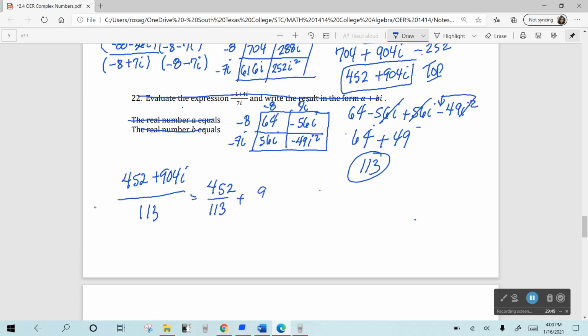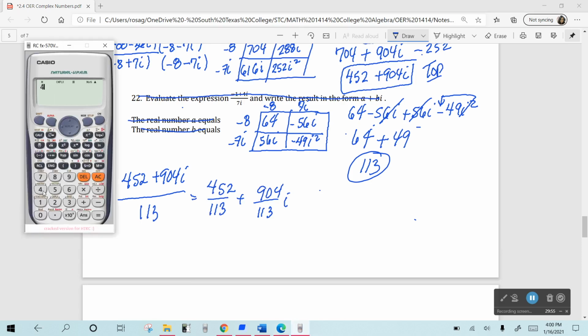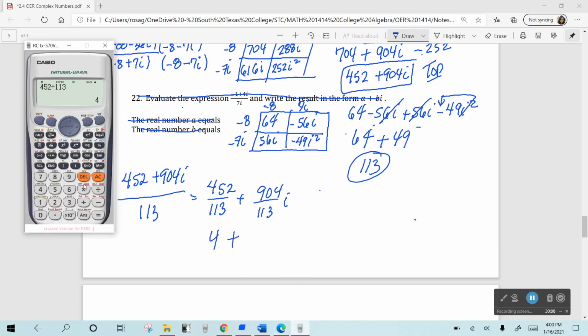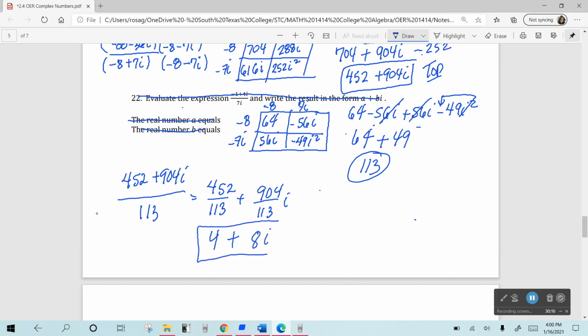Each of the numbers is going to get a 113. And then you simplify if you can. So most calculators will do the simplifying for you regardless of which one you use. So that's a 4. That's an 8.